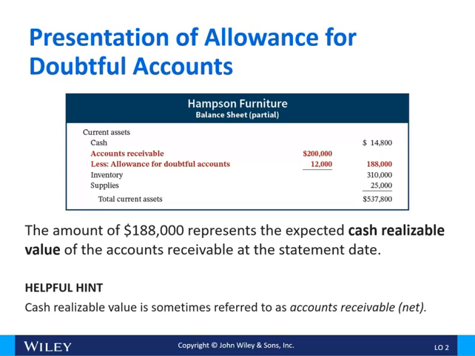So we show our accounts receivable, the gross amount, less our allowance for doubtful accounts. So we get our net accounts receivable, or our cash realizable value, of $188,000 in this example. Cash realizable value is sometimes referred to as accounts receivable, net.